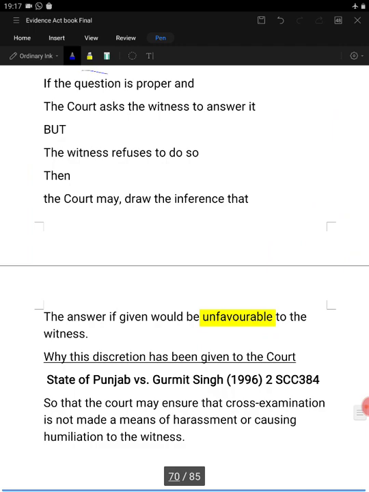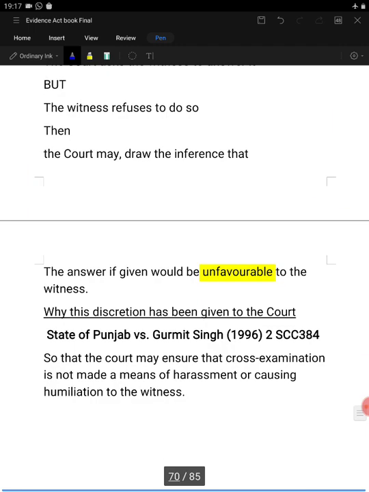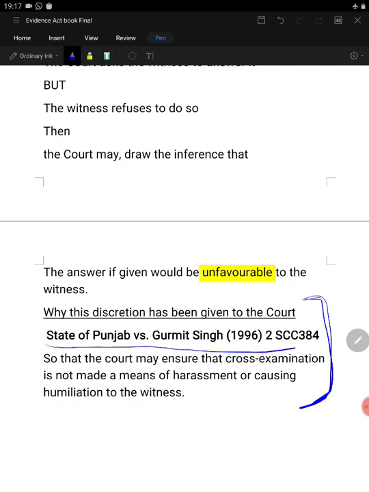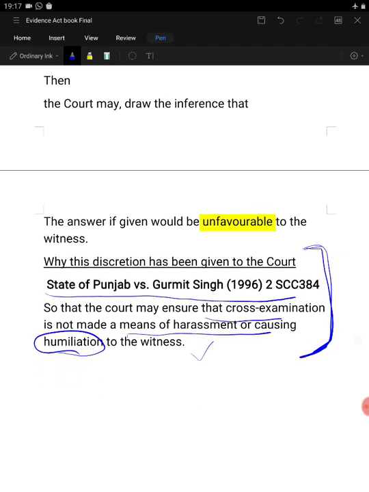So this is what Section 148 is, and this discretion has been given to the court, as stated in the State of Punjab versus Gurmeet Singh case, so as to ensure that cross examination is not made a means of harassment or humiliation to the witness, so that witnesses may freely come on their own to the court and depose before it.